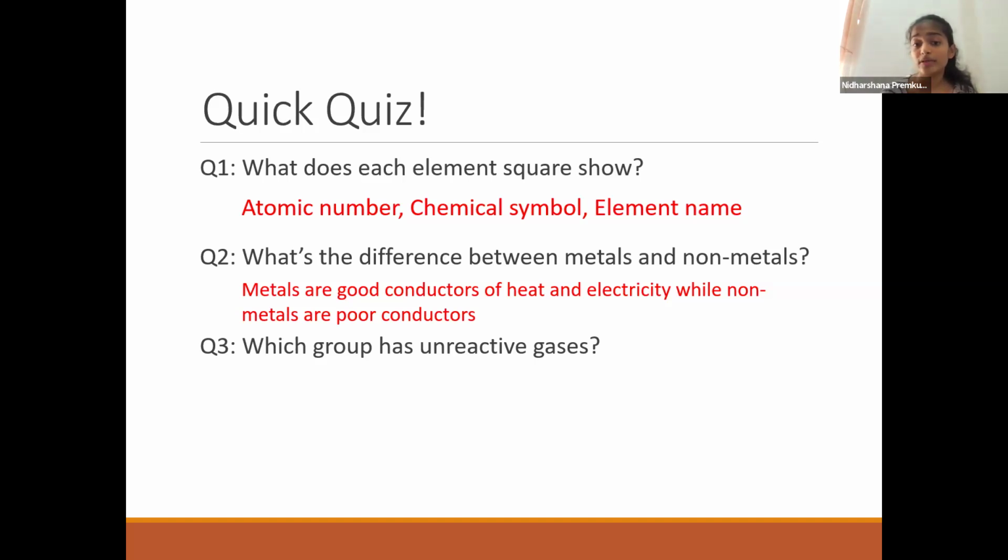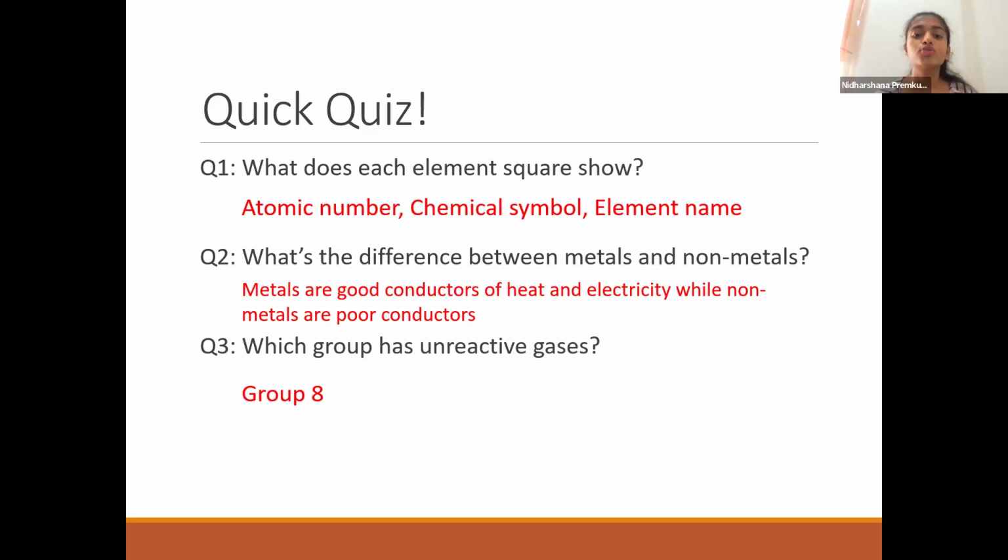The one I taught about was table salt. And the last group, group number 8 or group number 18, was the unreactive set of elements. Examples were helium and neon. If you recall the name, it's called the noble gases.